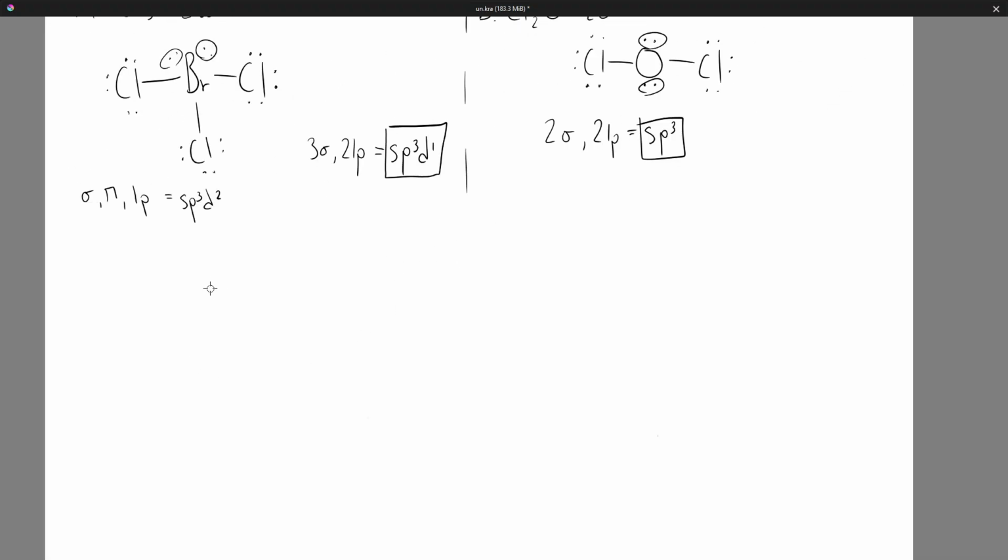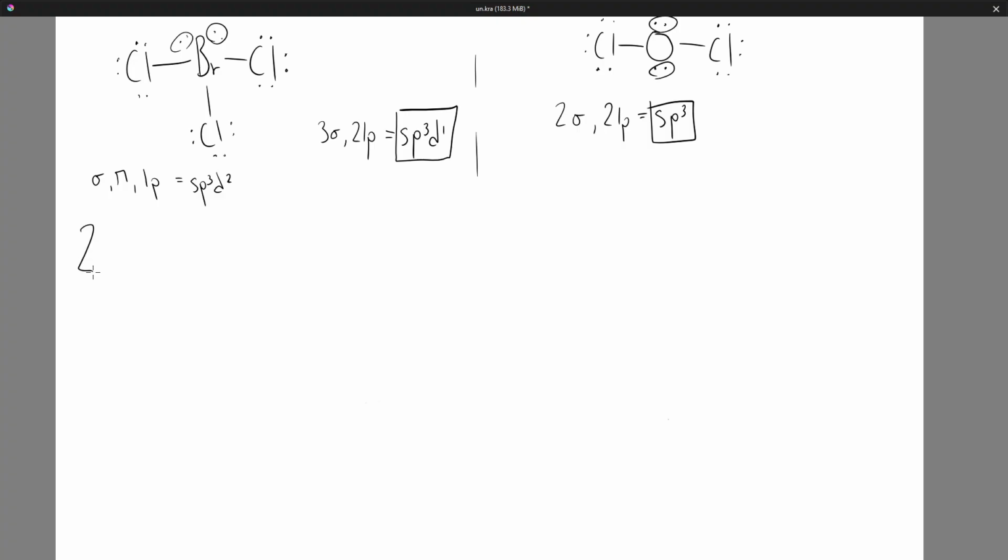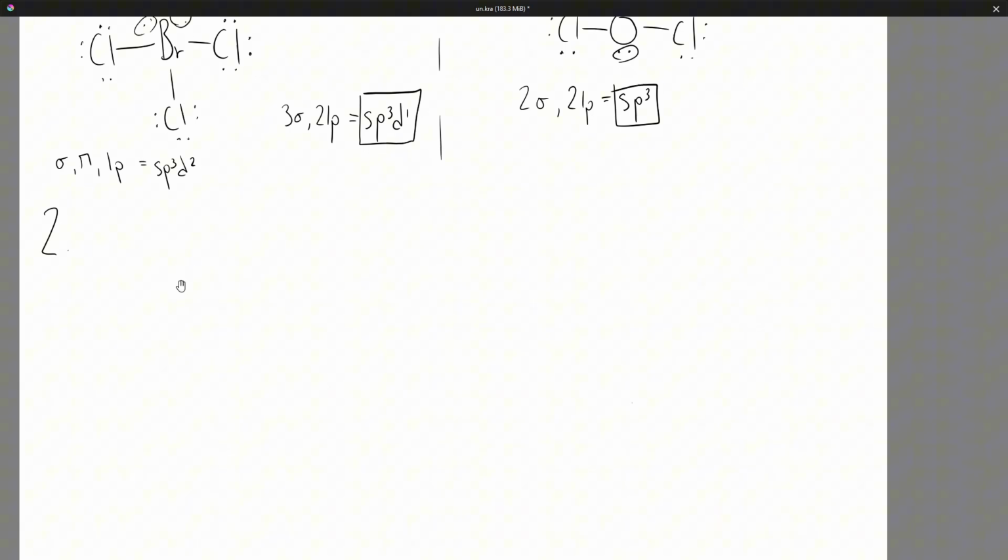All right. So number 2 asks, chromium adopts the body-centered cubic unit in its crystal structure. If the density of chromium is 7.14 grams per centimeter cubed, find its atomic radius. For that one, we can't really solve for radius right off the bat using the density, which means we want to build up to that.